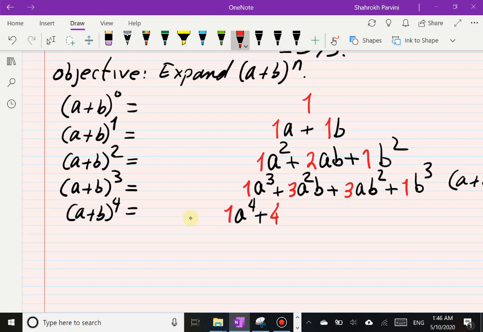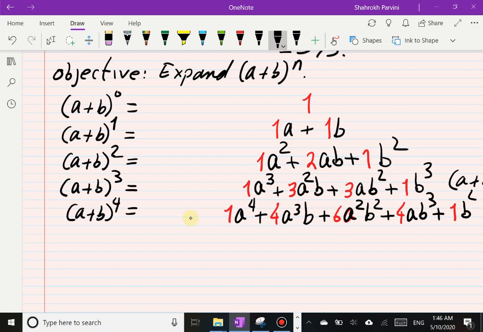And I got 4. Then it became a cubed b plus. The next number turned out to be 6. And it became a squared, b squared plus. Then it became 4 ab cubed plus, the last number was 1b to the 4th.